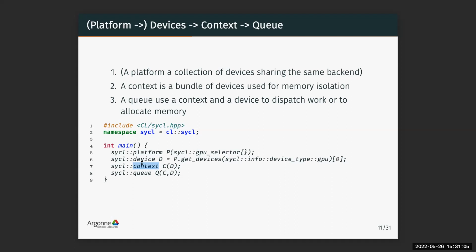So this is really the verbose way of creating a queue, of creating a stream. Also, maybe I don't remember correctly in the next slide, but you can just do a SYCL queue, only a SYCL queue, and it will do that implicitly for you. It will take a device and create a context and everything for you. This one is really the explicit way if you want to have full control.